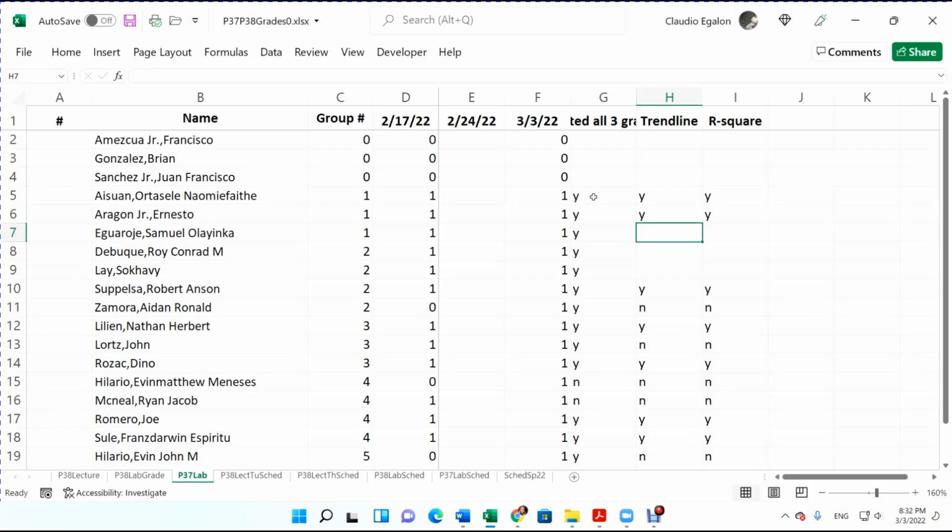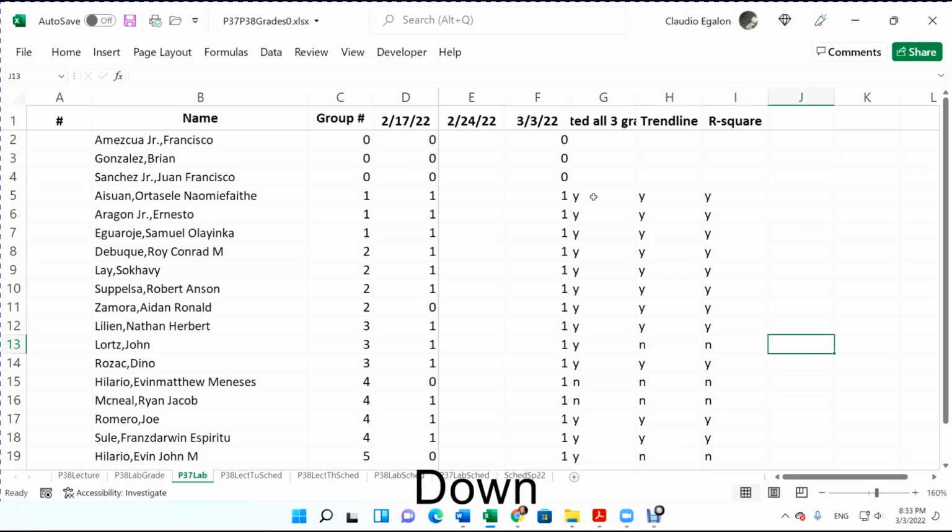Samuel? Yeah, go ahead. Yeah? Okay, Roy, did you get trend line and R square, Roy? Yeah, okay, good. Don't forget also the labels, right? It's not just the trend line, but also the labels and so on. Sokavi, did you get? Yes, good. Now, what about Aidan? Did you get the trend line in R square now, Aidan? Uh-huh. Yeah, I got it.